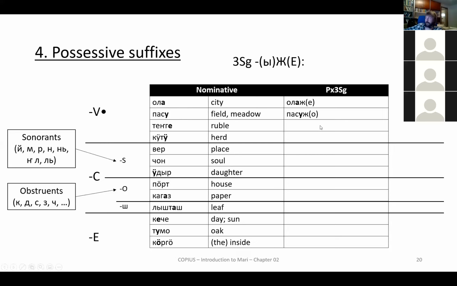Then Sonia? Tengej. Yep. With the a being optional here. And then Samo? Kutu, and then kutuju, kutuju. Exactly. Then Valentina? Ver, verige. Can you say it again slowly? Ver, je.